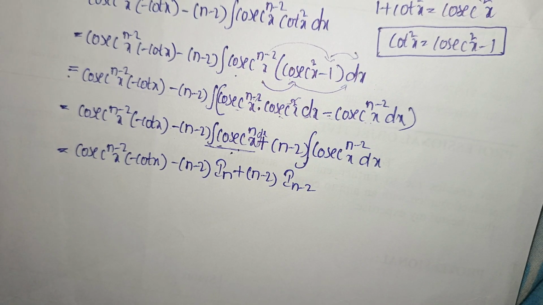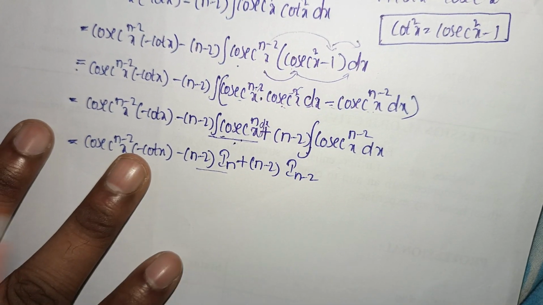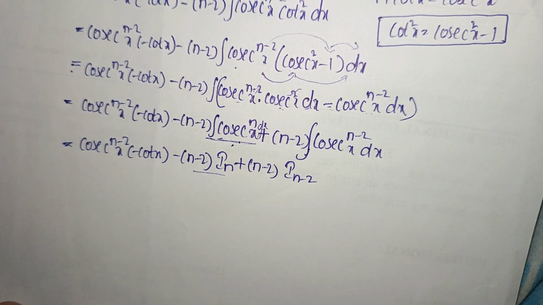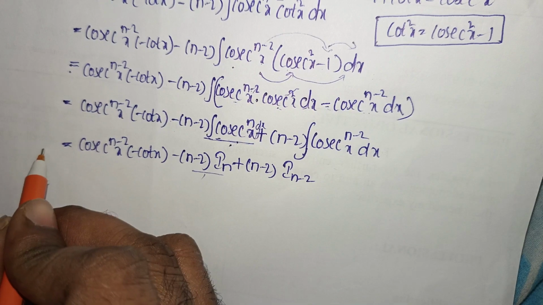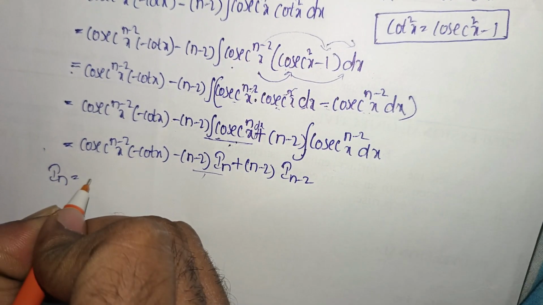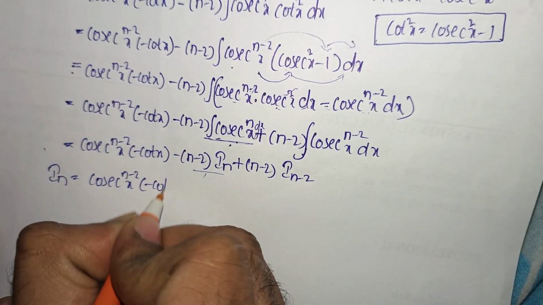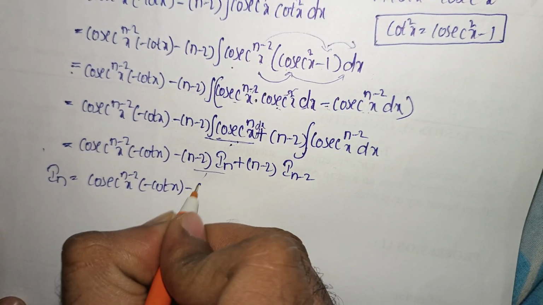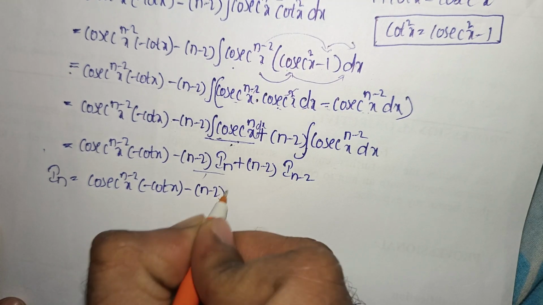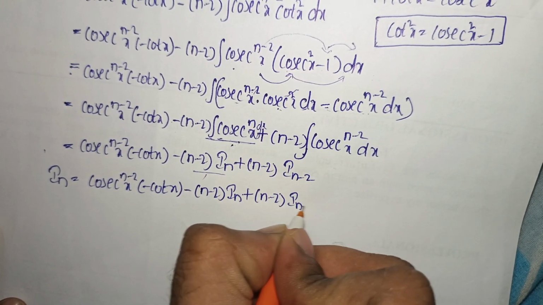Next step. We should not have I_n present in the solution because we don't know the value of I_n itself. We are finding the value of I_n. So we have to send it to the left hand side. I'm writing in the next step, I_n is equal to cosecant to the power of n minus 2 x minus cot x minus (n minus 2) I_n plus (n minus 2) I_{n-2}.